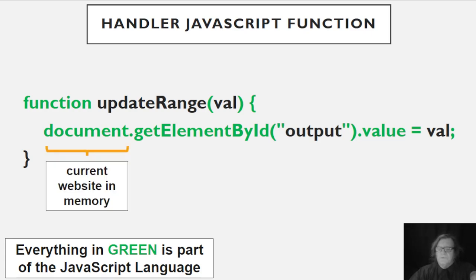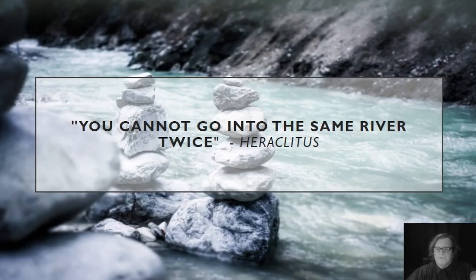The first one is the document. The document is the actual page object that is in the browser at that current time. I really need some spiritual Zen music here, but this saying, you cannot go into the same river twice, by Heraclitus, is kind of theoretical, right?